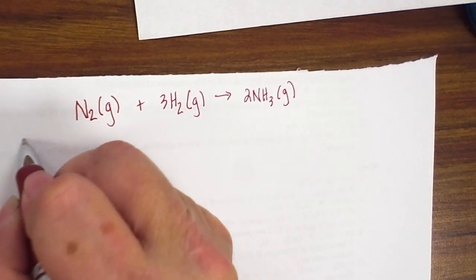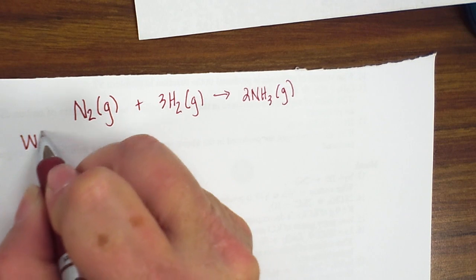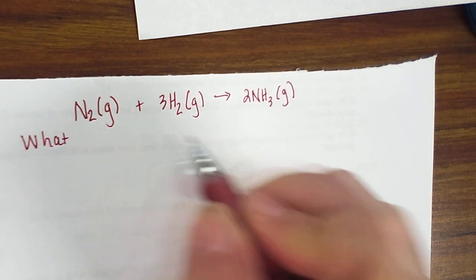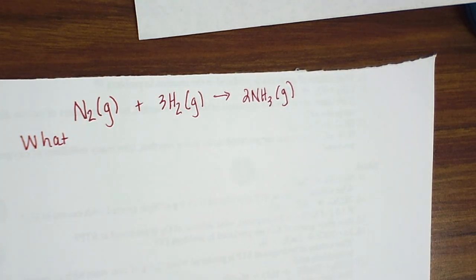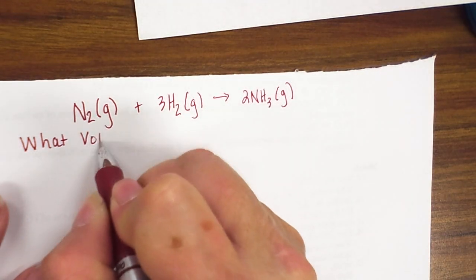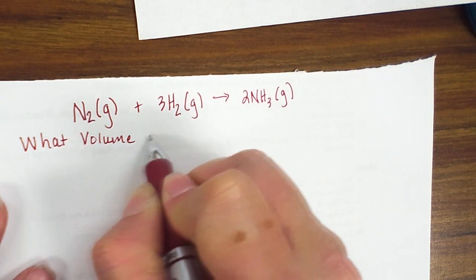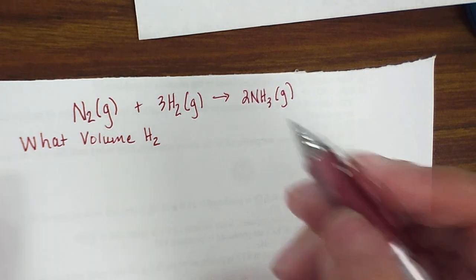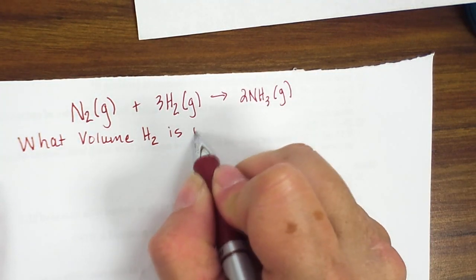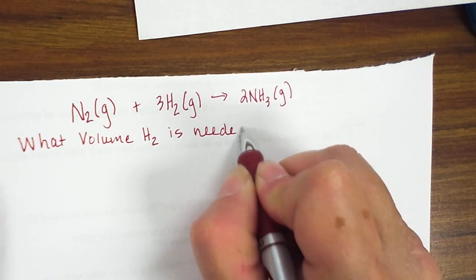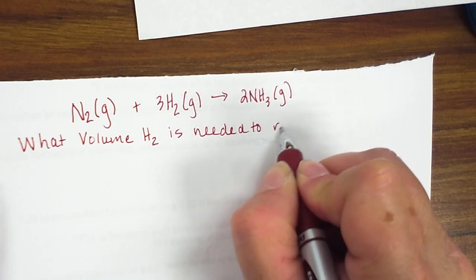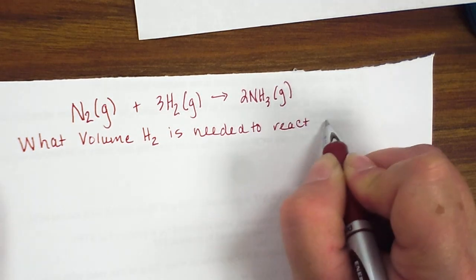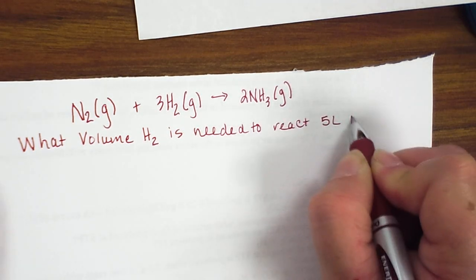Okay, and so the question is, what volume of H2 is needed to react 5 liters of nitrogen?